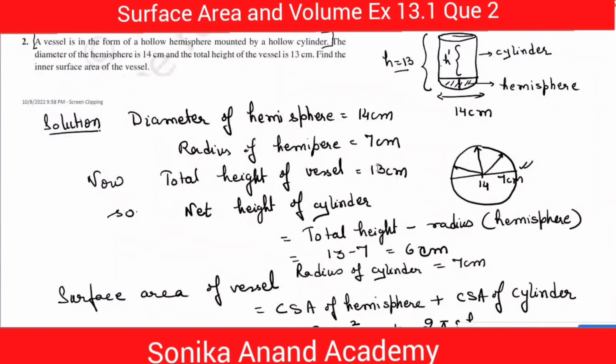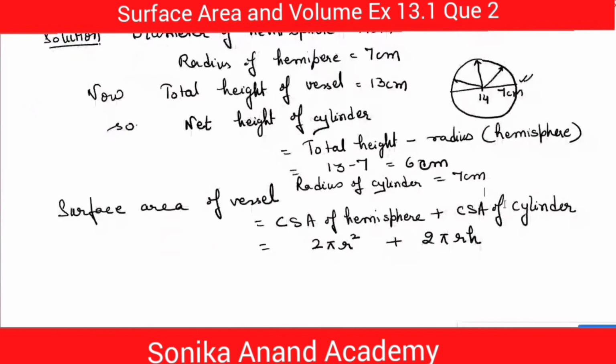Now, there are two methods. Either you put each value in each formula and then calculate and then give your answer. And there's one more trick. You can see the radius of both hemisphere and the cylinder are same. So I can take 2 pi r as common and it becomes r plus h. So it becomes easy to solve.